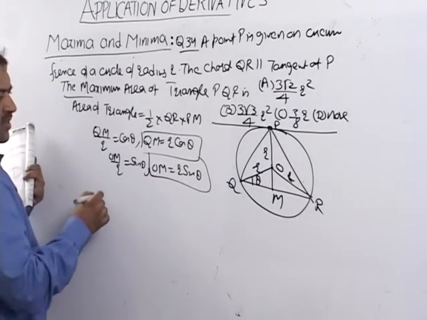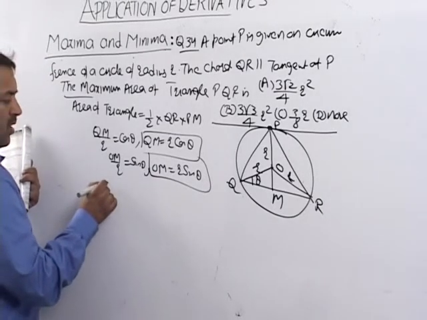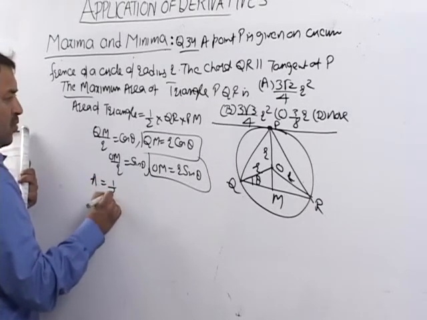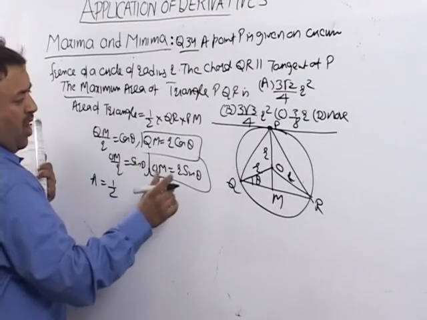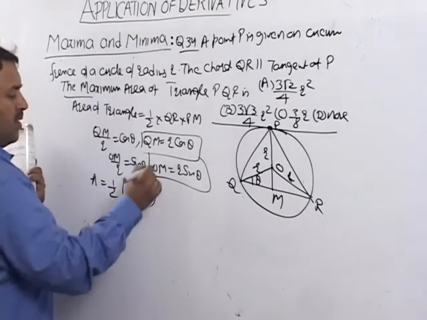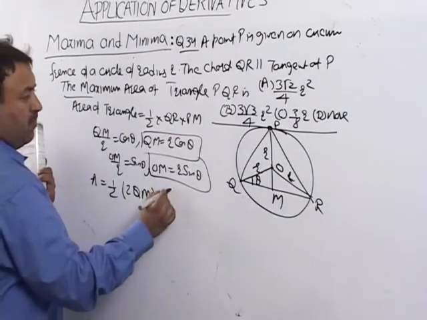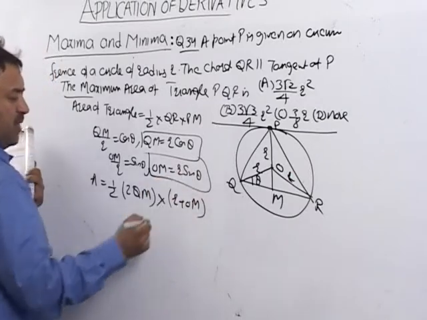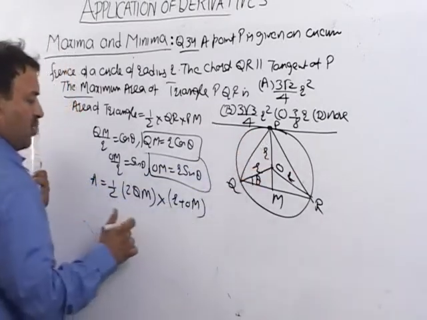Now the area is equal to half QR. QR is equal to 2 into QM, into PM. PM is equal to R plus OM. This is PO, this whole is R plus OM.